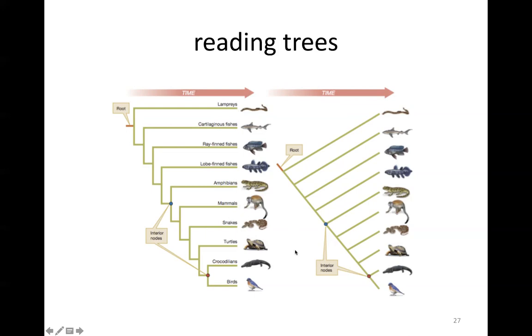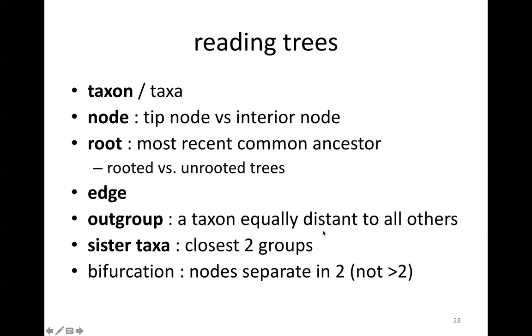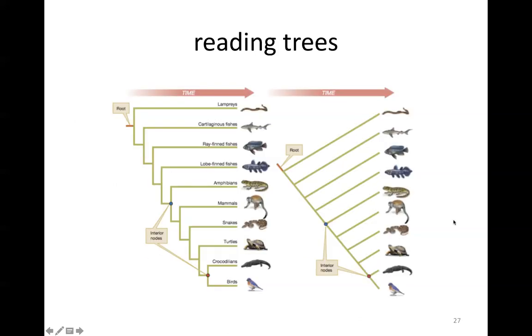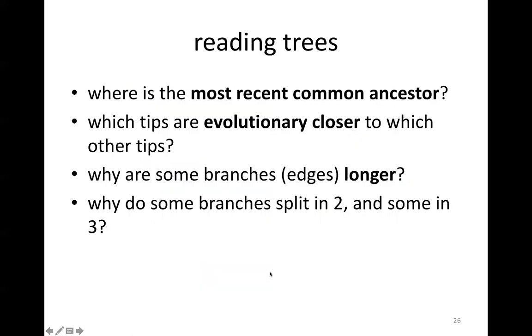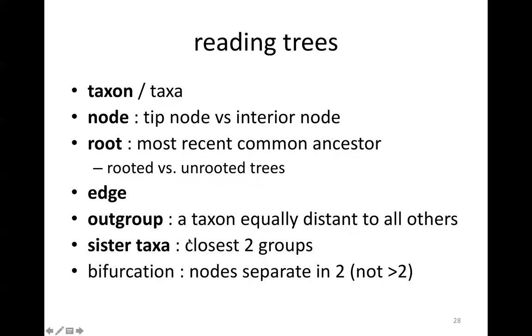Okay, an outgroup is a taxon equally distant to all others in question, and understanding which lineages could be outgroups here, depending on which species we are focusing on, is an important thing. You should be able to understand what an outgroup is and identify outgroups when necessary.